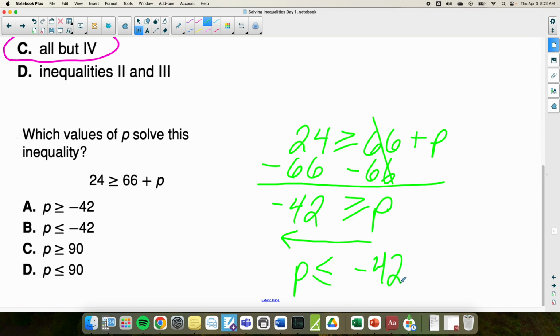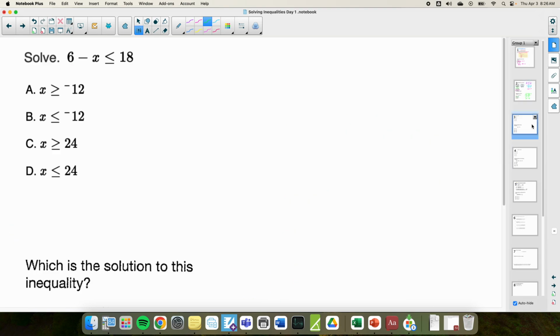So if you're reading it this way, this sign would be less than or equal to, and then negative 42. The other way you can think of it is just switch these and switch your sign. So p is less than or equal to negative 42. Okay? So we always want to move that p to the left side.